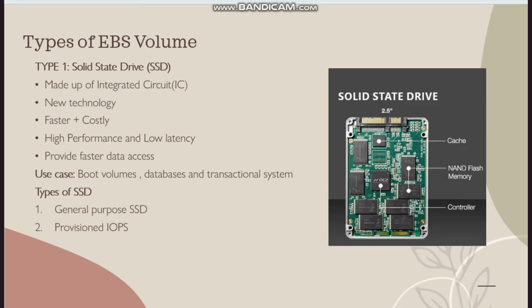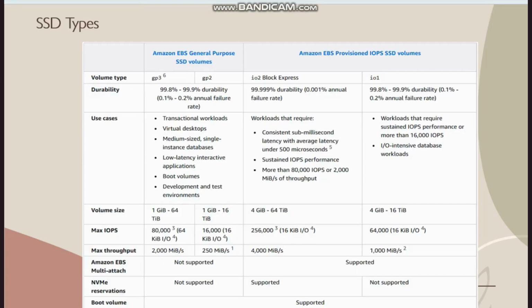There are two types of SSD, general purpose SSD and provisioned IOPS. In general purpose SSD, there are two types, GP2 and GP3. Both provide 99.8% to 99.9% durability, and the annual failure rate is also the same for GP2 and GP3.